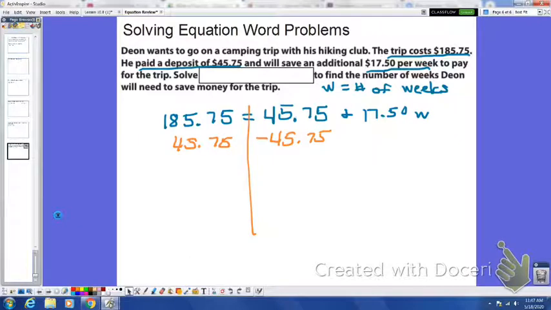So 185.75 minus 45.75 leaves me with 140 equals 17.50 W. And then I see they're being multiplied, so we divide both sides by 17.50.